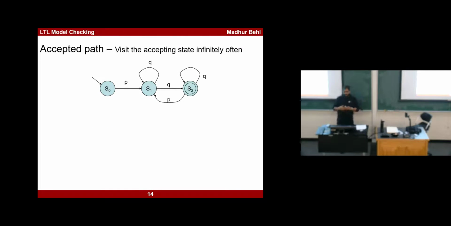So let's look at the same example, and can someone give me a path? What is a path? Just recall, it's an infinite sequence of states. Can someone give me a path on this Büchi automaton which visits the accepting state infinitely often? What are some examples? Yeah.